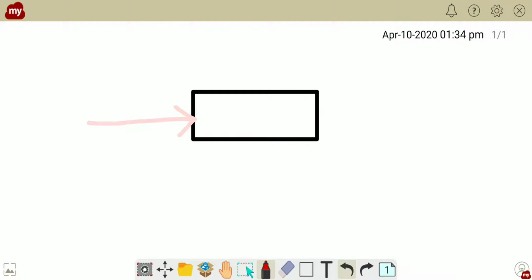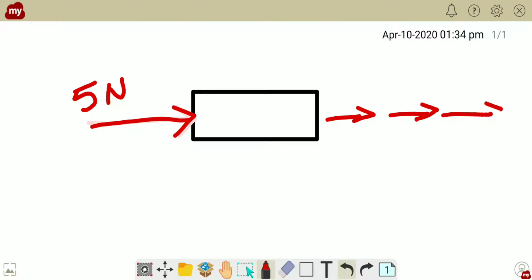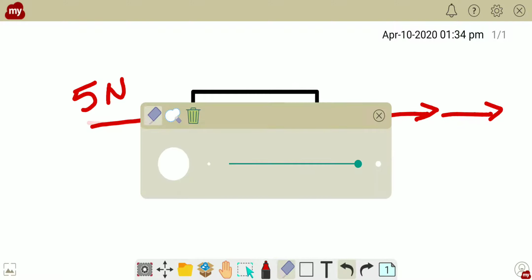The moment I have given a force of 5 newtons in the horizontal direction, the body also starts moving in the horizontal direction. Till I stop the object, it will not stop and it continues to move in the right direction. Right? So this is the first case.